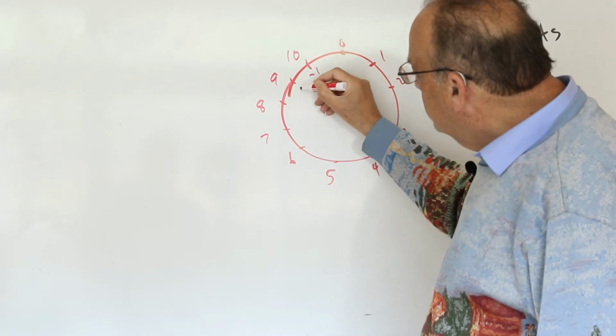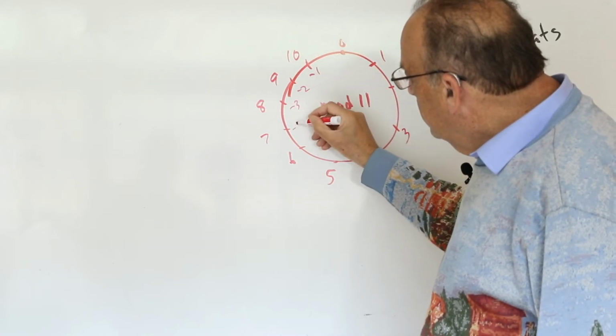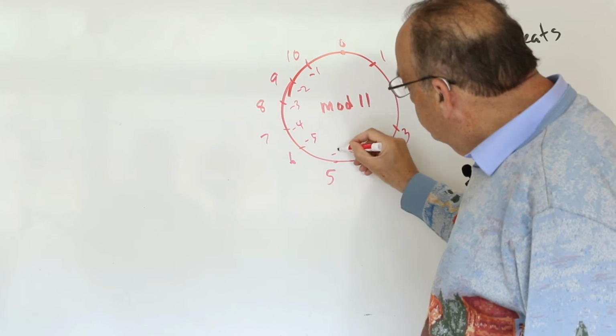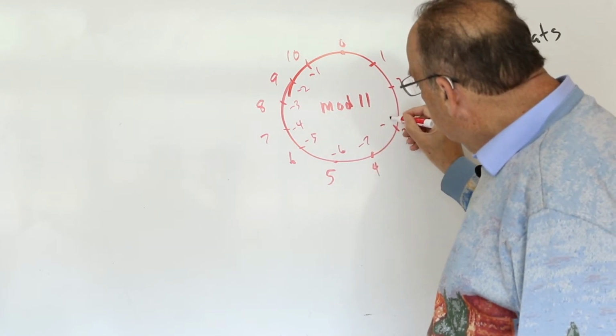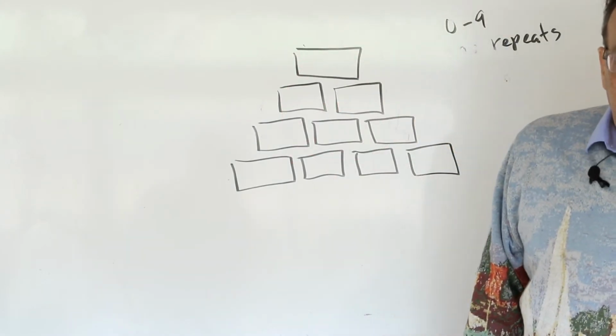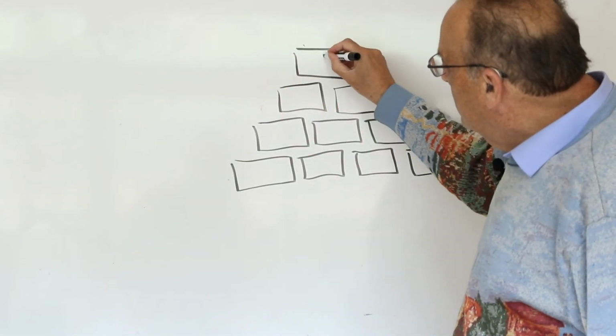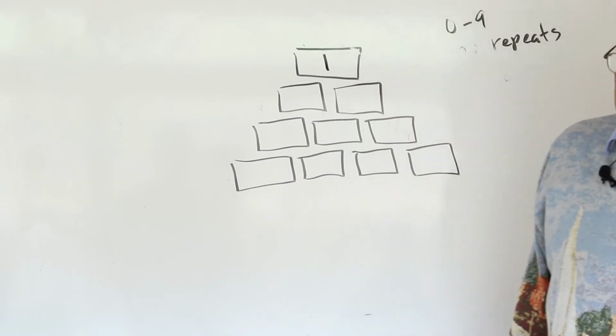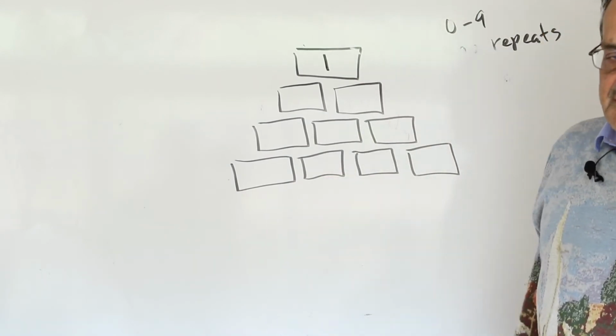And backwards it's -1, -2. In this puzzle, 1 has to be at the top because it's the multiplicative identity. So 1 anywhere else will cause repeats.